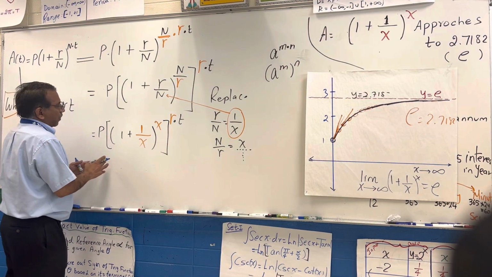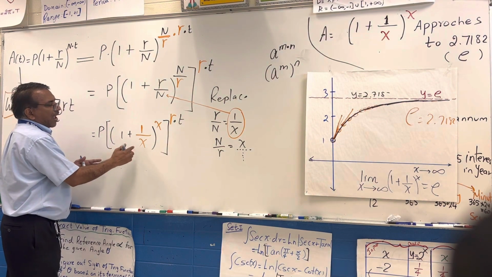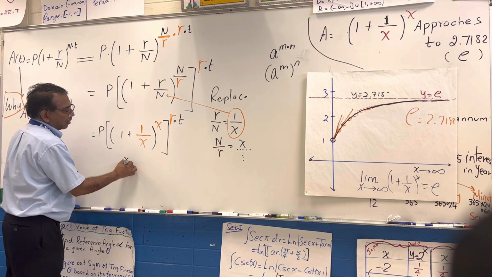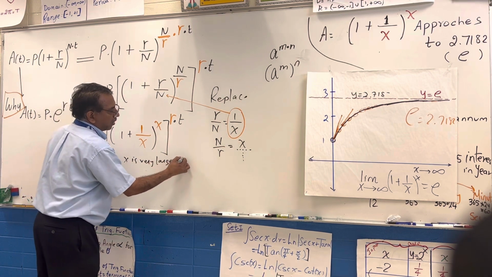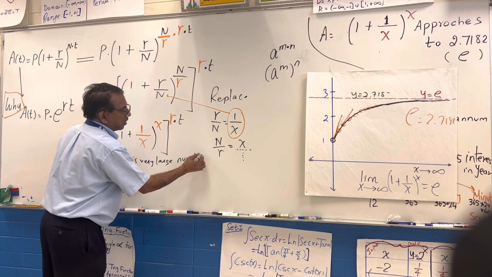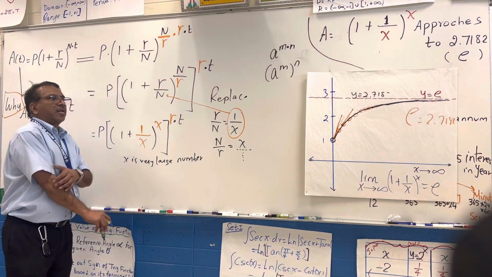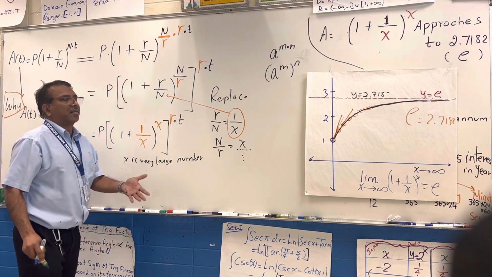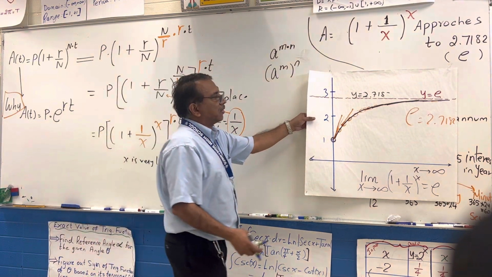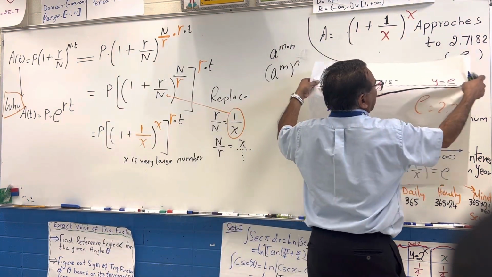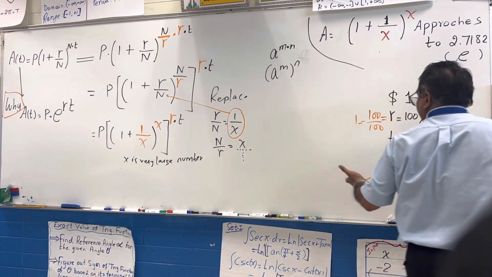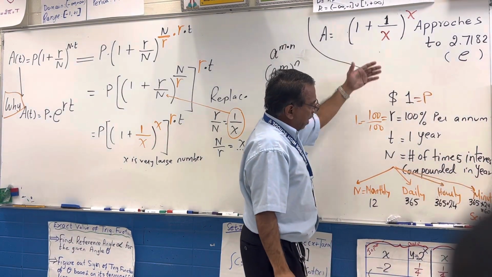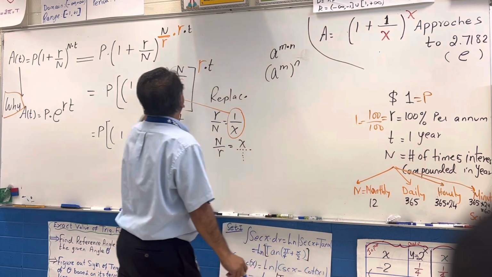Okay, now we've seen this when x is a very large number. So what that means is, if the interest rate is calculated continuously, that's what this means. So when this x, basically I use n in the formula, it is n here.